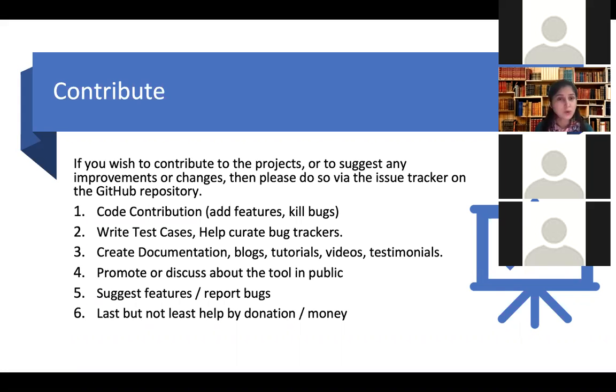You can just go to owasp.org/projects. You'll see all the projects listed, and every project has a GitHub account. You can help them by writing test cases, creating documentation, sharing it with people, and suggesting new features or anything. I keep sharing my inputs around something that might be relevant for a project. Thank you so much.